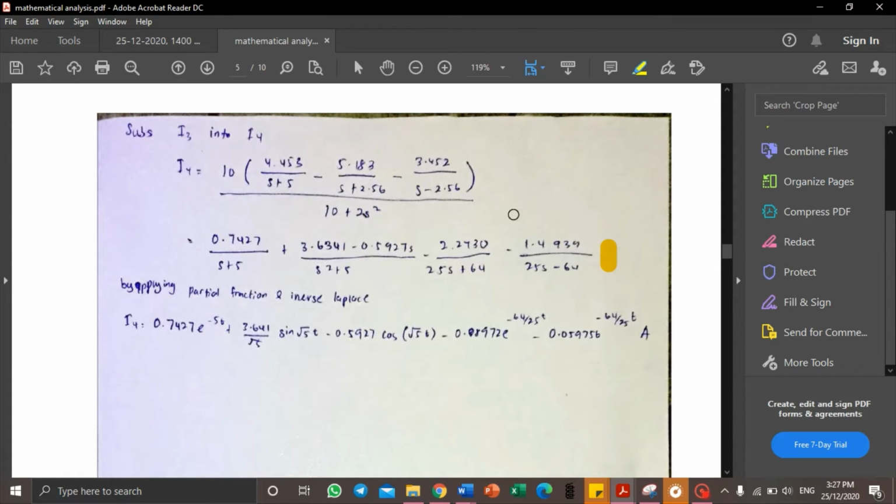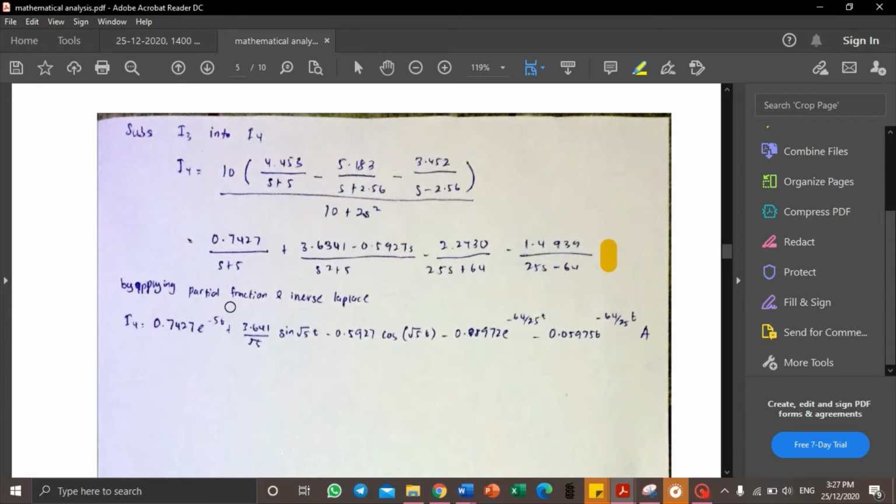And then in order to find the current I4, we need to apply partial fraction for each of the frequency domain equation, and then we use inverse Laplace in order to get the time domain form.